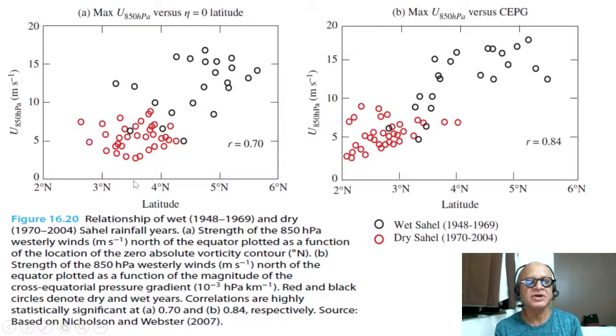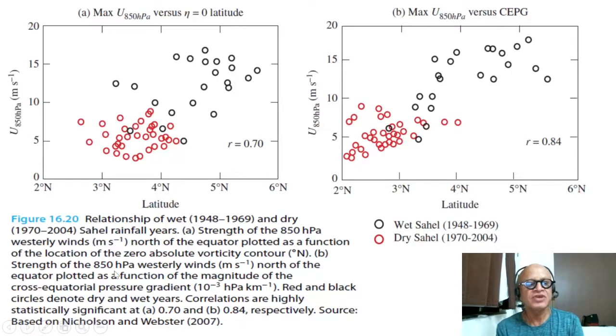So as the vorticity line moves latitudinally based on the SST gradients associated with, let's say, something like the Atlantic Nino, so the equatorial temperature and the Gulf of Guinea temperature, for example, there is a high correlation with the westerlies, which basically means the rainfall. So relationship of wet and dry Sahel rainfall years. A is the strength of the 850 hectopascal westerly winds north of the equator, plotted as a function of the location of the zero absolute vorticity contour.